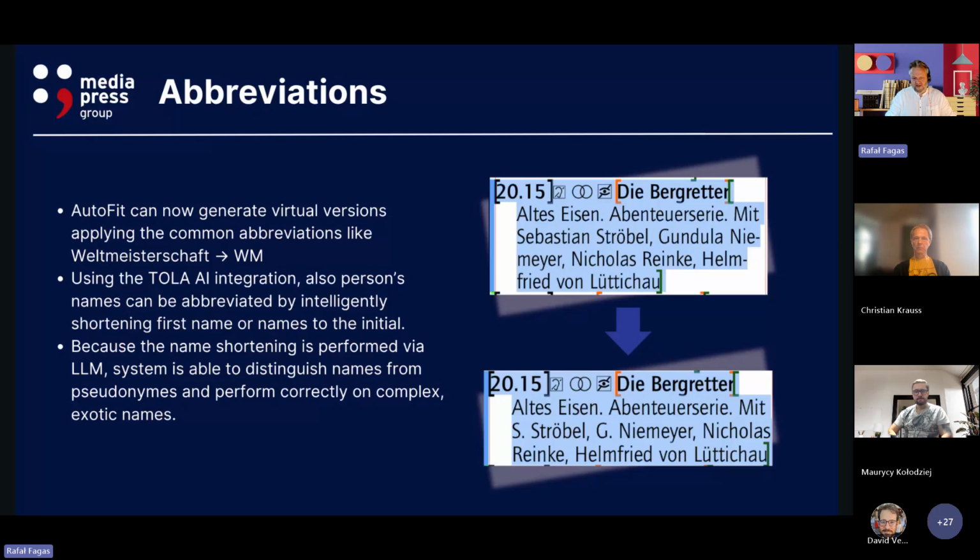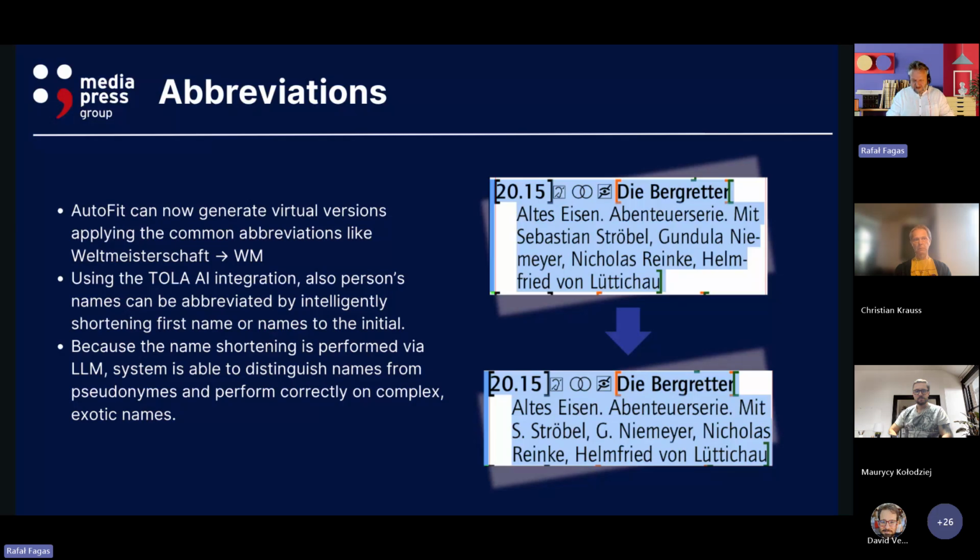So this is not just an algorithm trying to find the first names and shorten them, but it is based on a very smart model, knowing the rules of shortening, knowing the complexity of it in scenarios where, for example, we do not have a real name but a pseudonym.